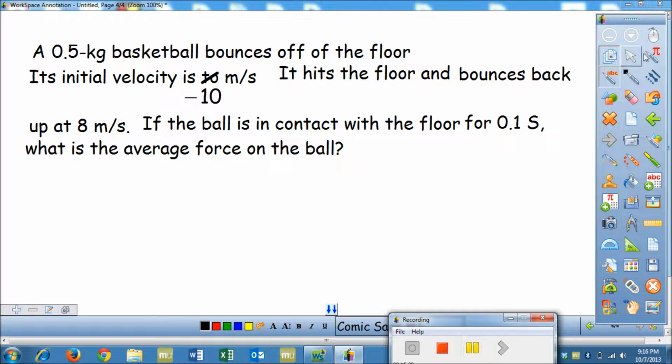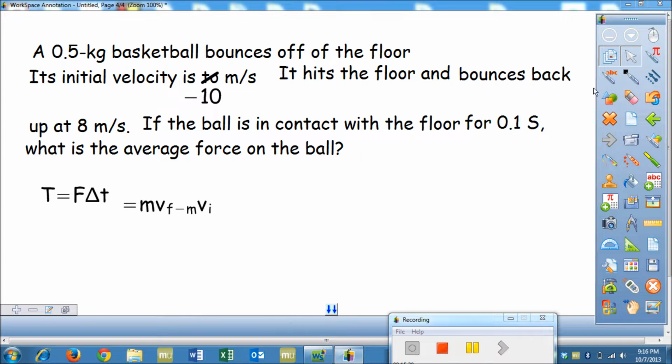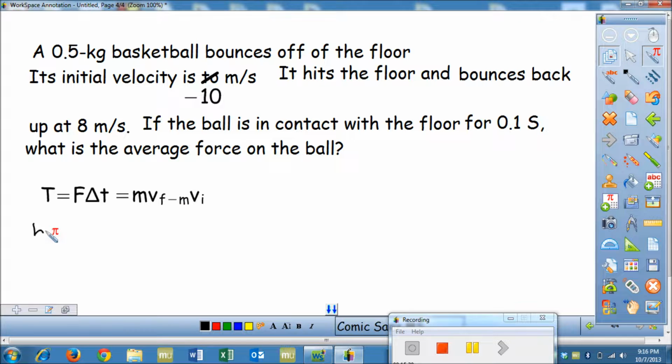Okay, let's see. I'm going to try solving it, see if I get what you got. So I know that the impulse J is equal to F delta T, and I know that it's also equal to m v final minus m v initial. Okay, so let's see what we know here. We know that m equals 0.5 kilograms.